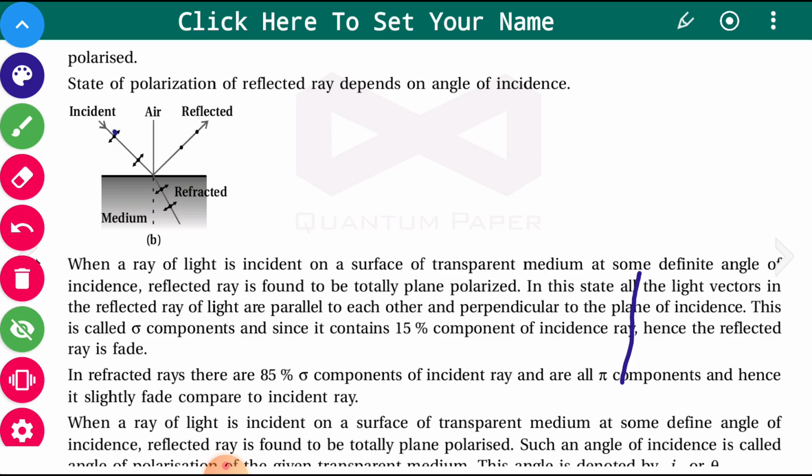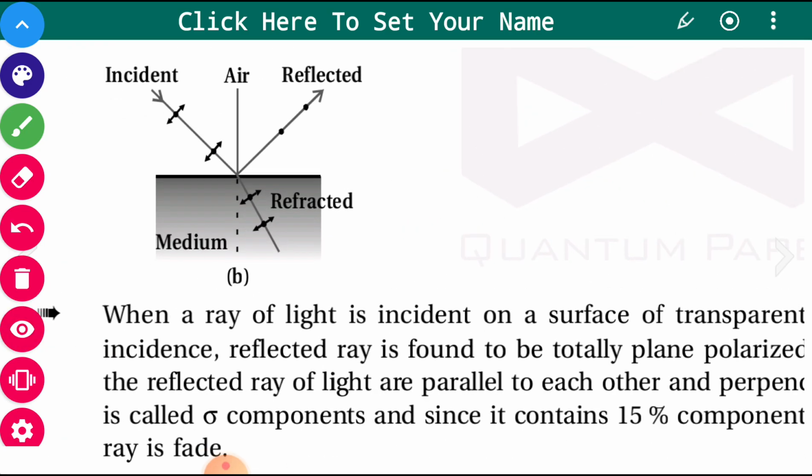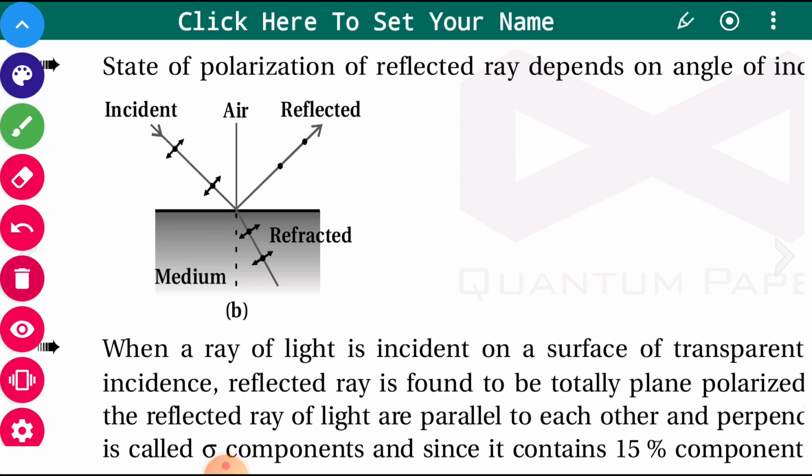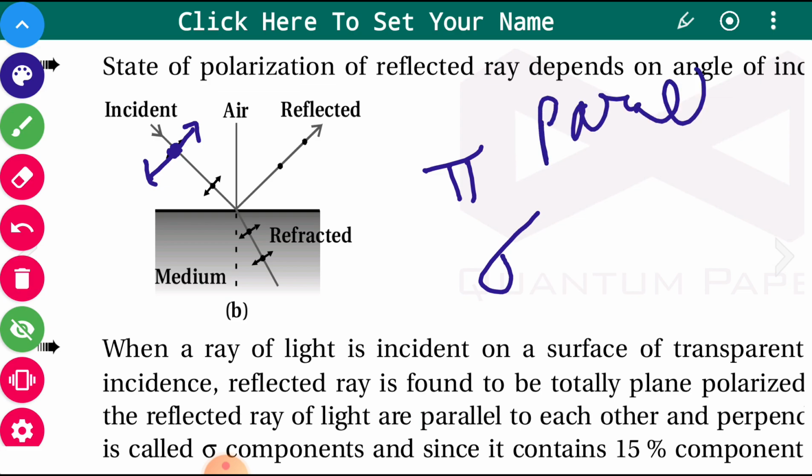Here dots are representing the sigma component, and these arrows are showing the parallel component, which is nothing but the pi component. So there are two components, pi component and sigma component. Pi is parallel to the plane and sigma is the perpendicular component to the plane.